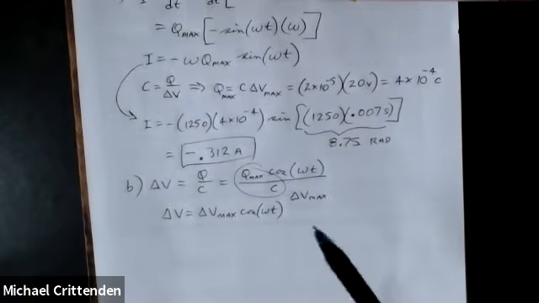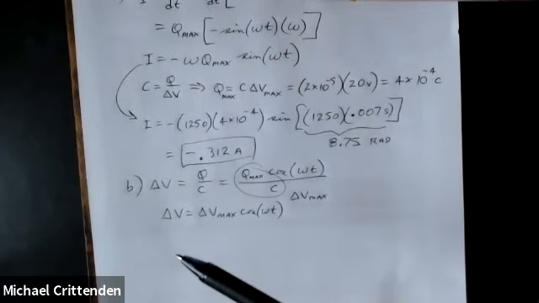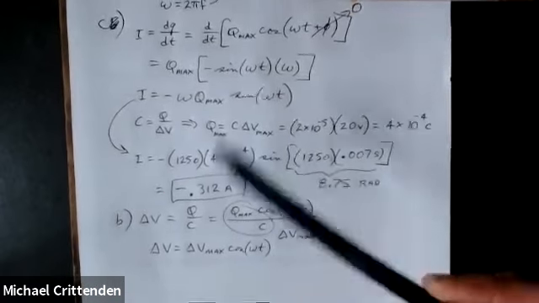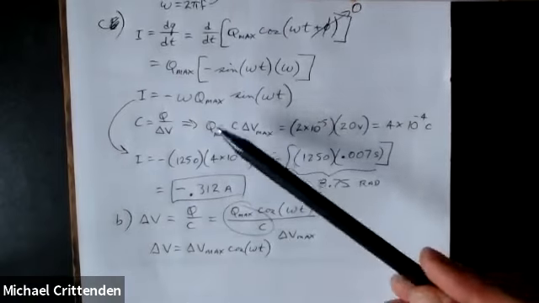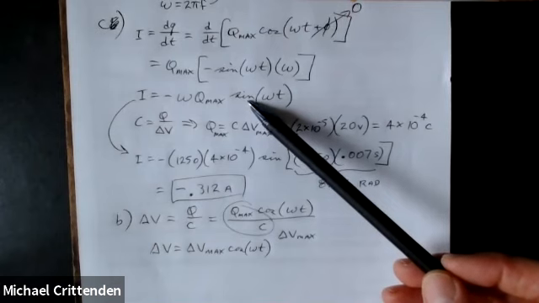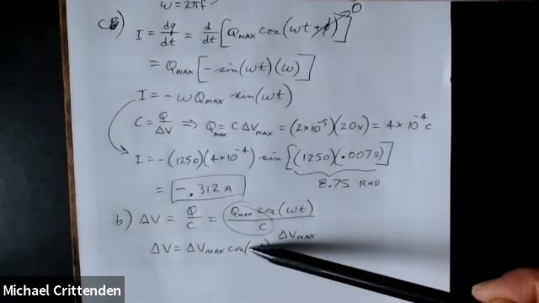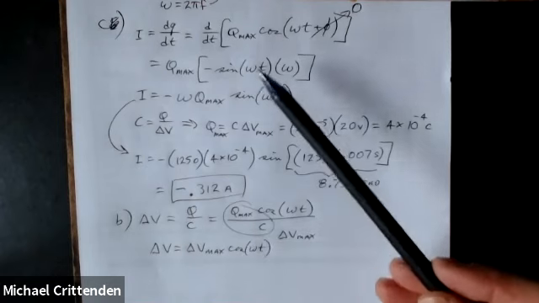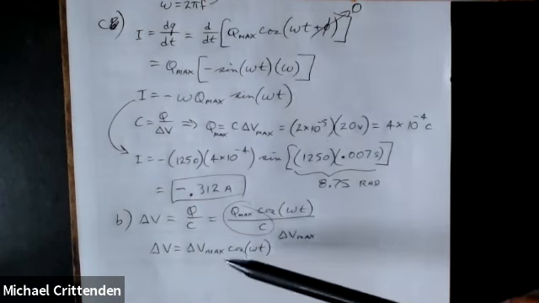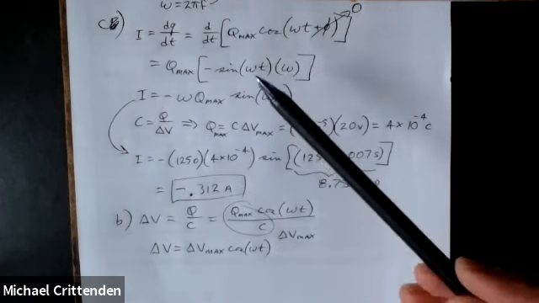So maybe I should point something out here. This will become significant when we get into section 12, which is about alternating currents, which is what we're dealing with here at the moment. Notice that the current is a sine, but the voltage is a cosine, okay? Current and voltage do not need to rise and fall together.